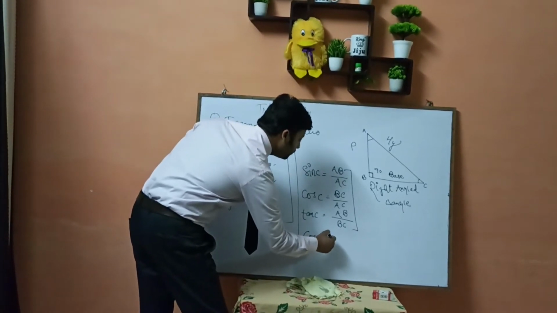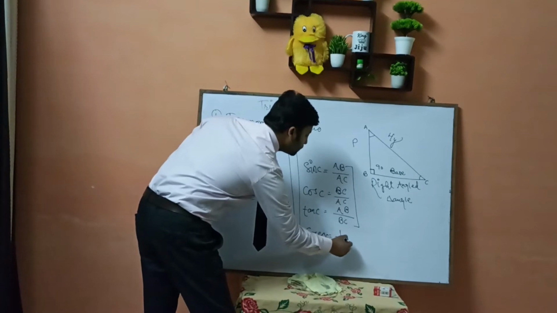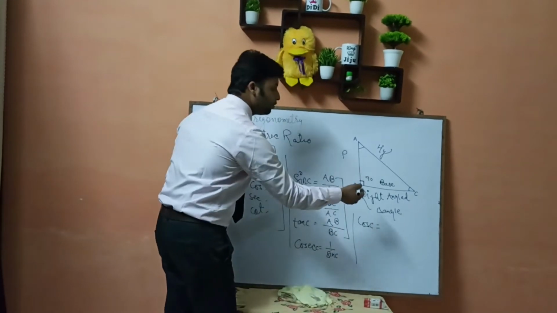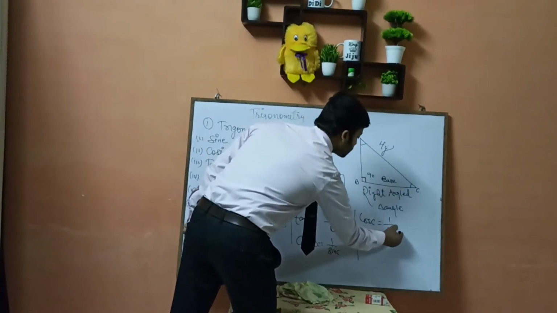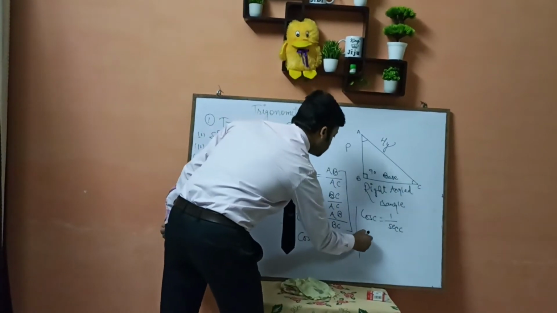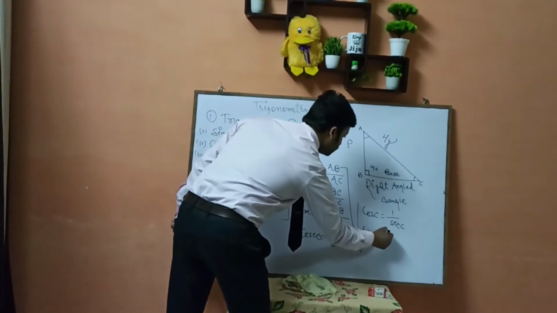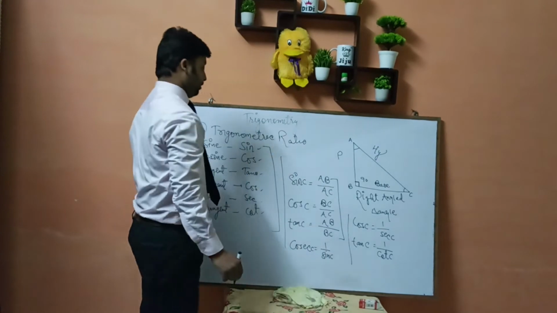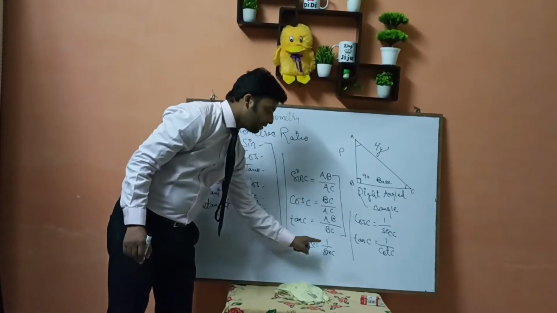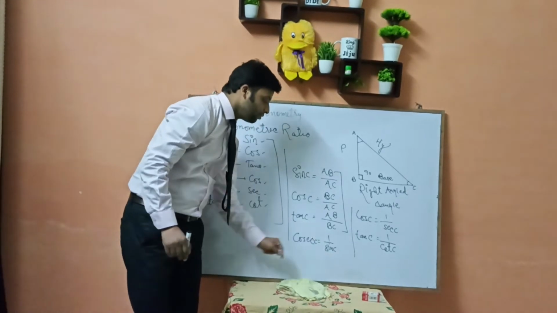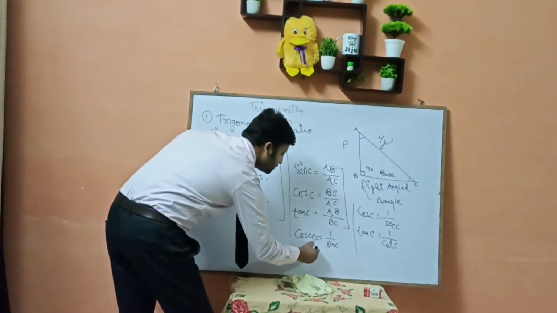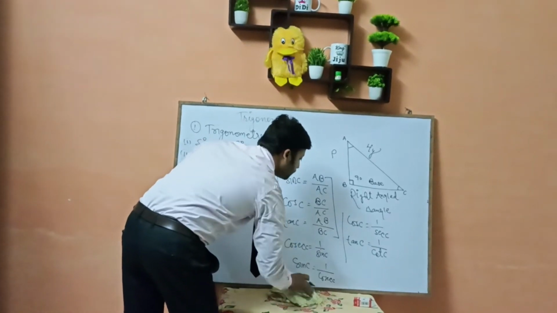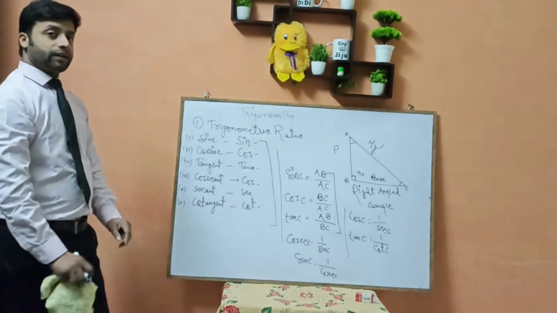So cosec C will be equal to 1 upon sin C. Next, sec C will be equal to 1 upon cos C. And the last one, cot C is equal to 1 upon tan C. We can write here the cross multiplication and change these ratios into each other. These are known as the trigonometric ratios.